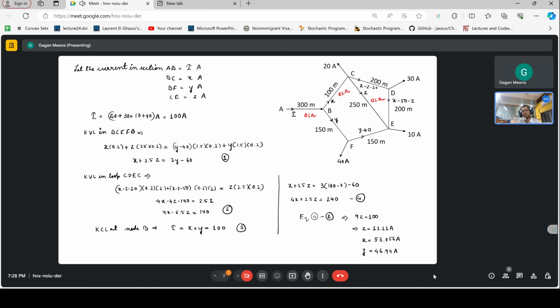The next question is on capacitance, the application of capacitors in the distribution system. So we have two ways in which we can use capacitors in the distribution network or even in the transmission network. One is series, another is parallel.